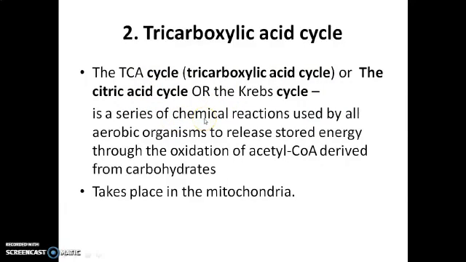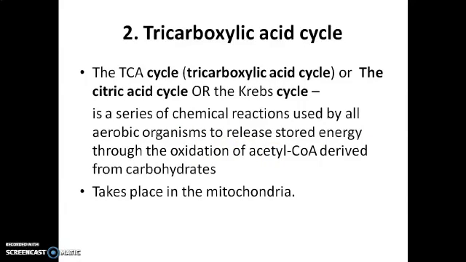Series means one reaction leading to the next one, and this is used by all aerobic organisms to release the stored energy through the oxidation of acetyl-CoA derived from carbohydrate. As we have already studied how we get acetyl-CoA in the glycolysis step.